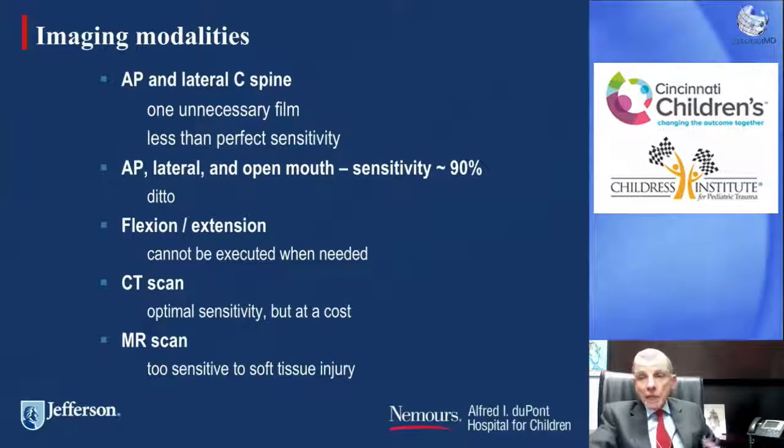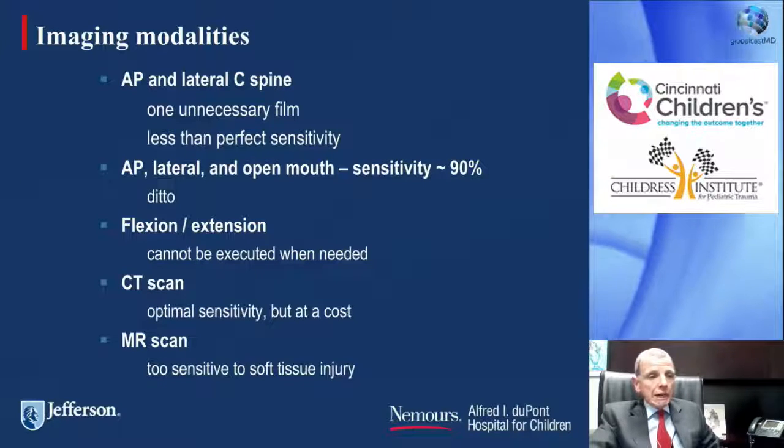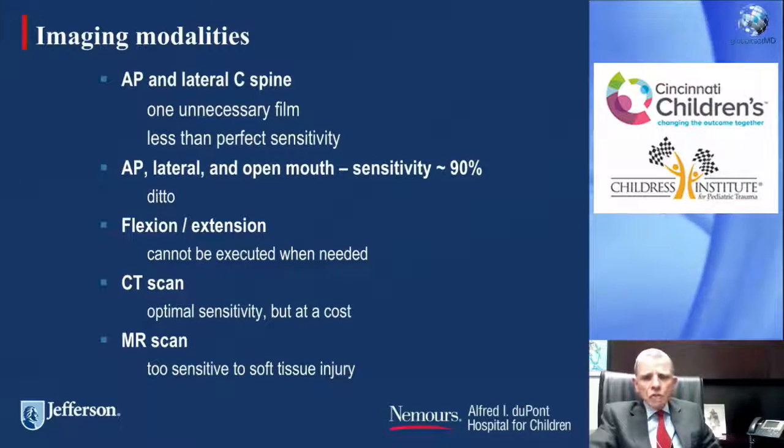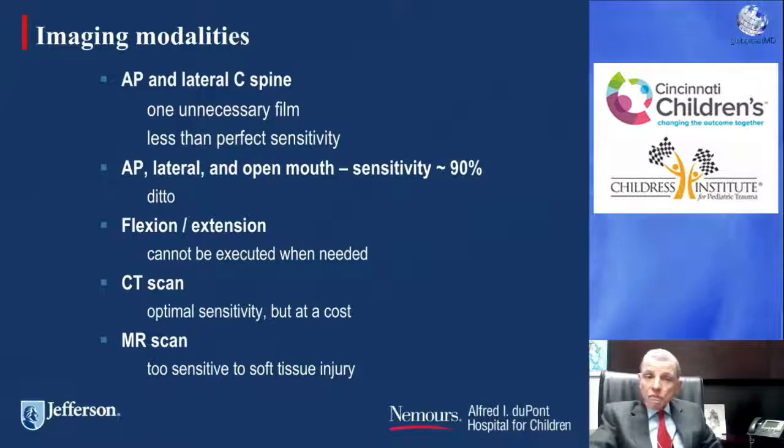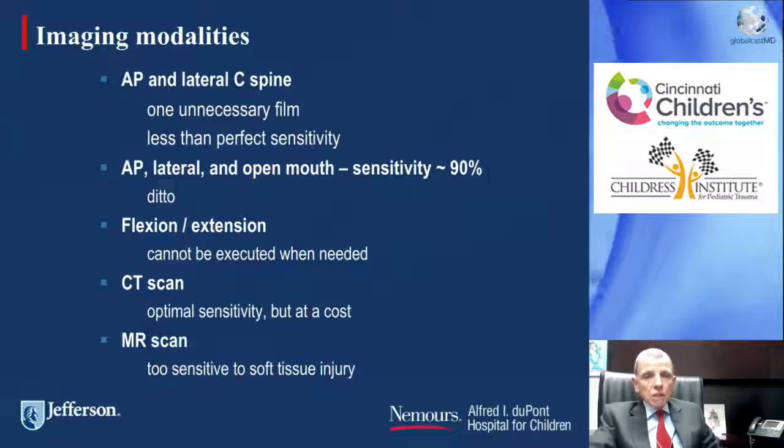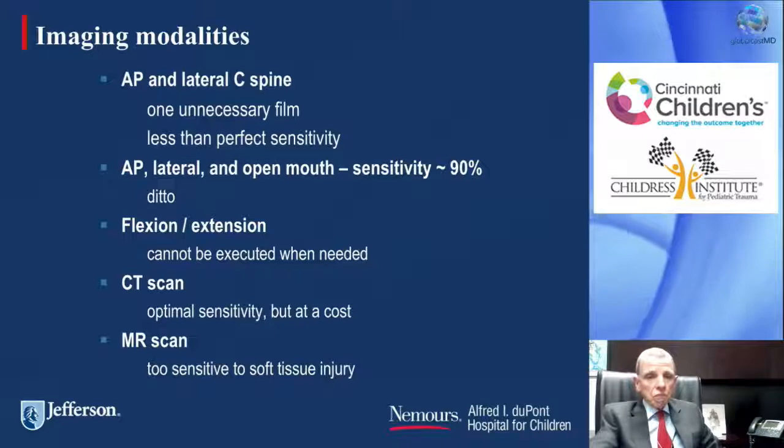We in our practice do not make use of flexion extension films for the perhaps obvious reason that the person who might need flexion extension films cannot execute the maneuver. They have neck rigidity and they can't flex and they can't extend, so the imaging is not informative. We do not make use of flexion extension films in our practice.